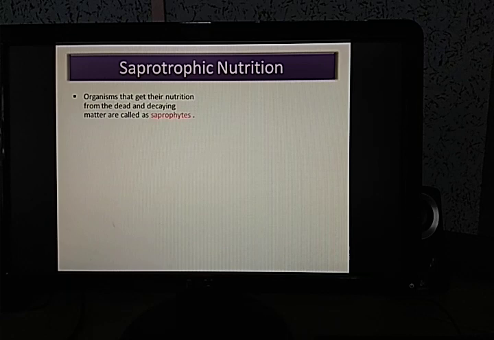Why similar? Because whenever we discuss saprotrophic nutrition or saprotrophs, the term saprotrophs is used only in terms of plants. But there are also some organisms which follow this saprotrophic nutrition, or which get their nutrients from the dead and the decaying matter. So what do we call them as a whole? We call them saprophytes.